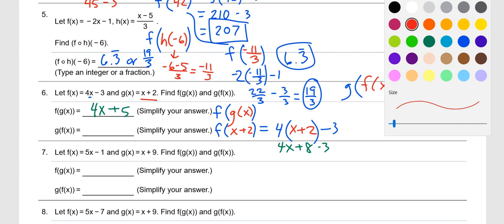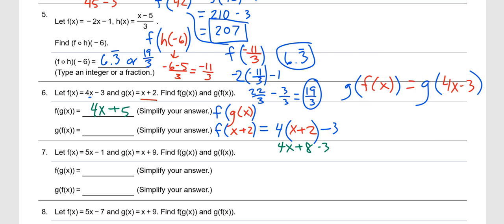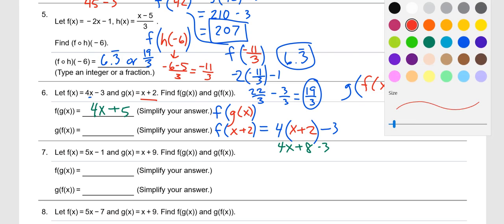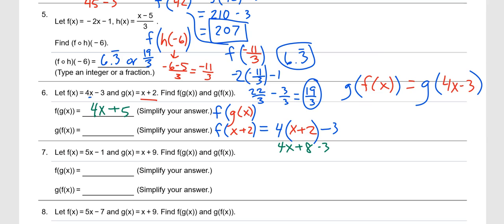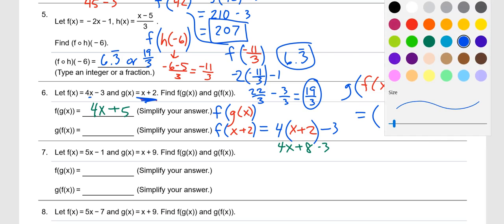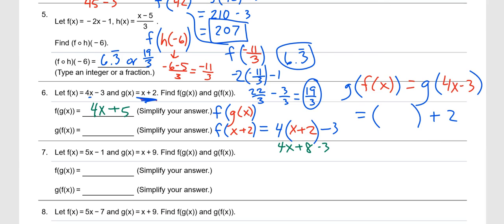And I'll explain this more when we get to the next example, just because we're continuing to practice. I've got a better way to think of this question. So the g function says whatever you plug in, you add 2. That's what the g function says right there. Whatever you plug in, you add 2. We're plugging in 4x minus 3.